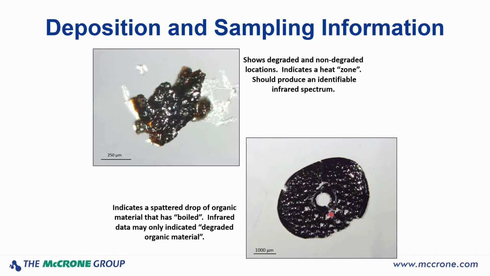Because of the opacity of that particle, you can't expect to get much in the way of originating material information through the infrared out of there. You can still mount particles if you want to look for inorganic materials, fillers and things like that, but you're not going to get any organic information from that that's terribly useful to determining origin. This particle, on the other hand, you can see some of it is charred, some of it isn't.